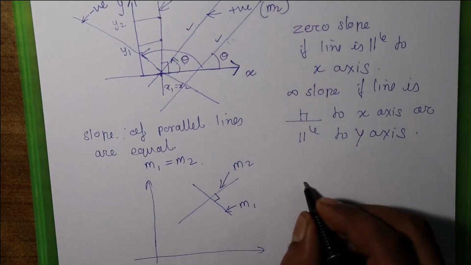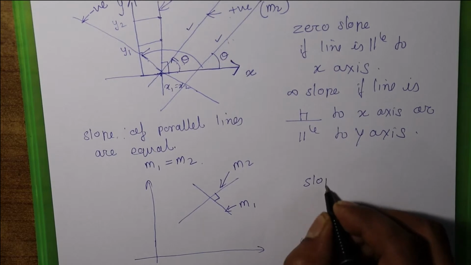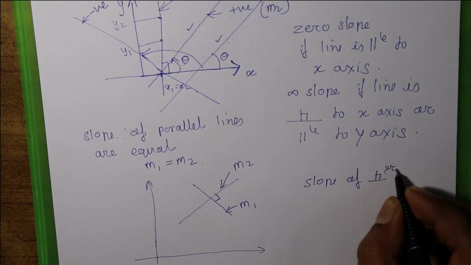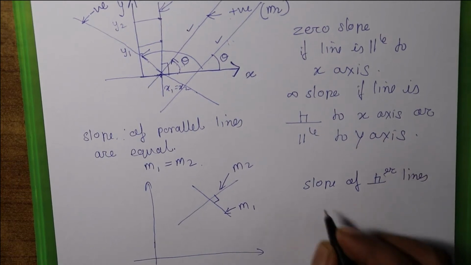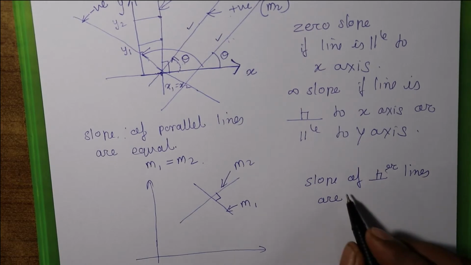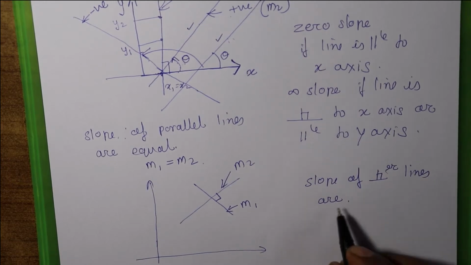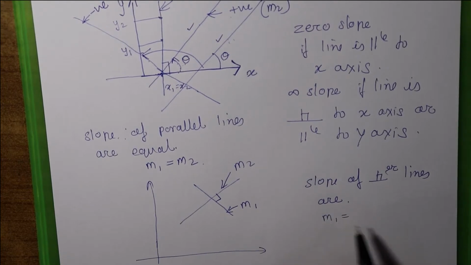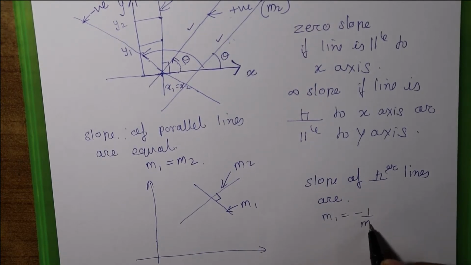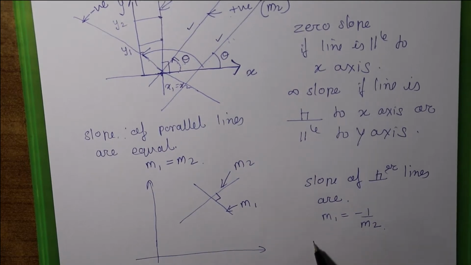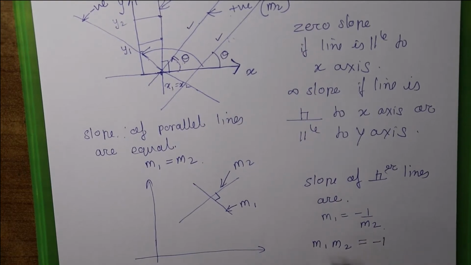Here we can say that for the slopes of perpendicular lines, there is a relation between them. We can say that m1 is equal to minus 1 by m2, wherein we can clearly say that the product of the slopes of perpendicular lines is equal to minus 1.